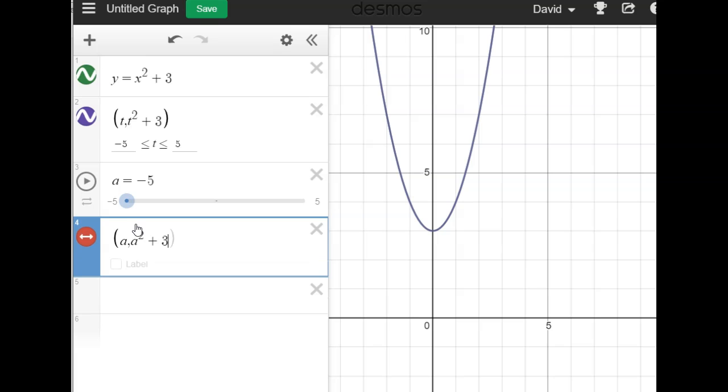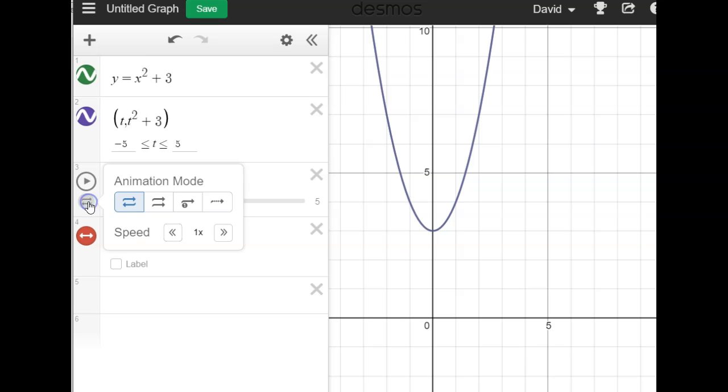And then when I do this, I can move the parameter around and see how the graph changes. And I always like to use this double forward: as time moves forward, as the parameter grows, we move left to right. So there's our left to right motion with the parameter.